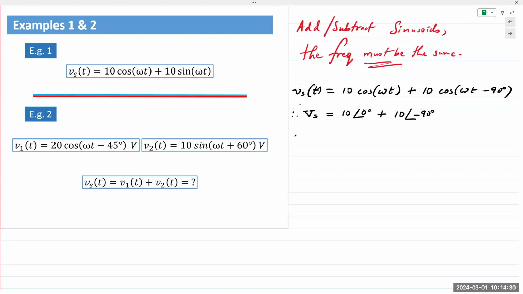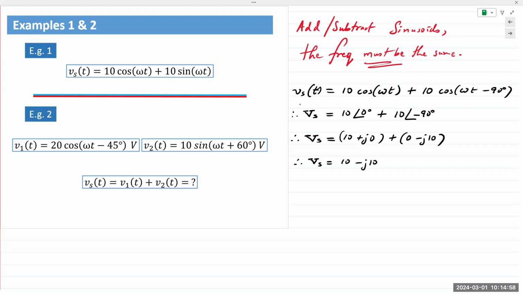For me, because I am set in my ways, I do not want to upgrade to a newer calculator. I keep using my old one. And so I would convert this into rectangular coordinates and perform manual math. 0 minus J10, and therefore the phasor for Vs is now 10 minus J10.